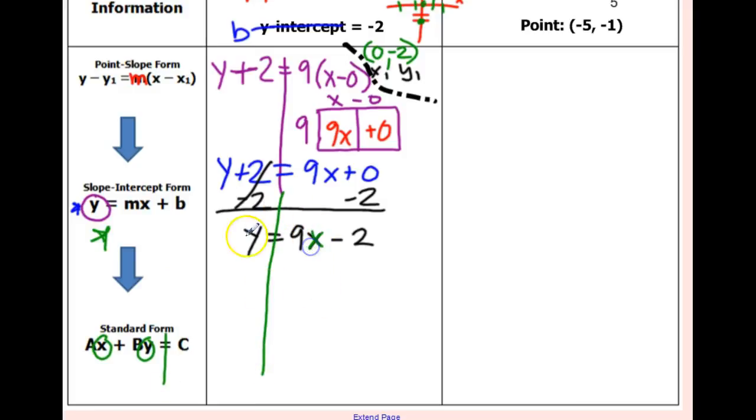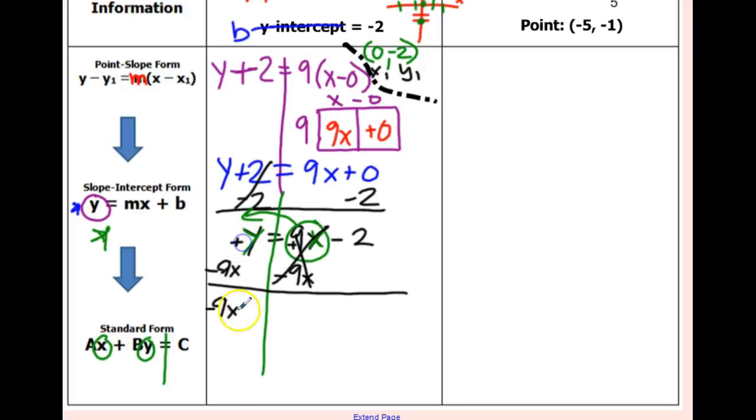Right now x and y are on opposite sides, so we need to move this x over to the other side to be with the y. You can't just move it over there, you need to add or subtract it. Right now this is a positive, so I'm going to have to do the opposite and subtract 9x. 9x minus 9x is 0 over here. So write your x's first. We have -9x.